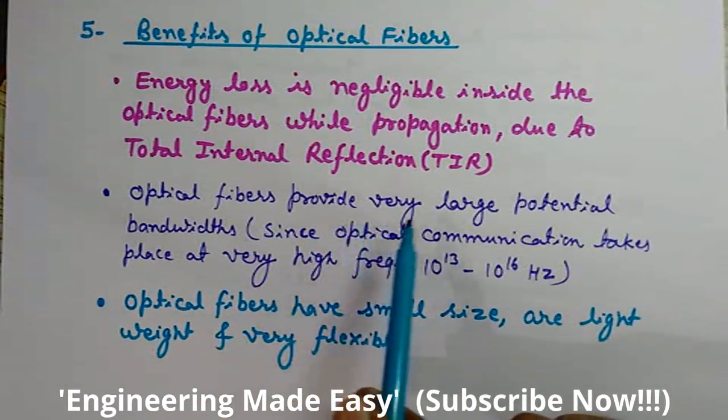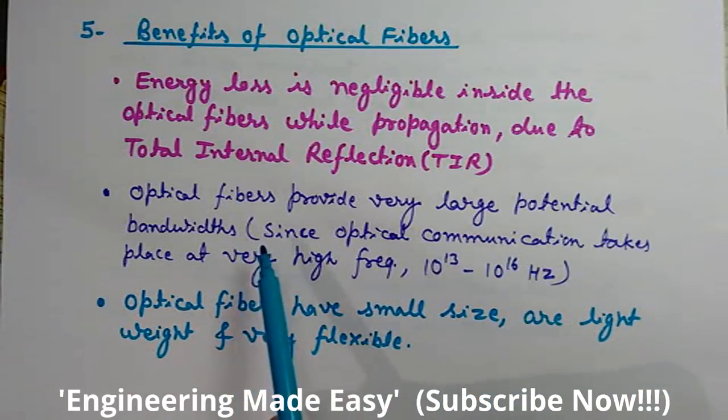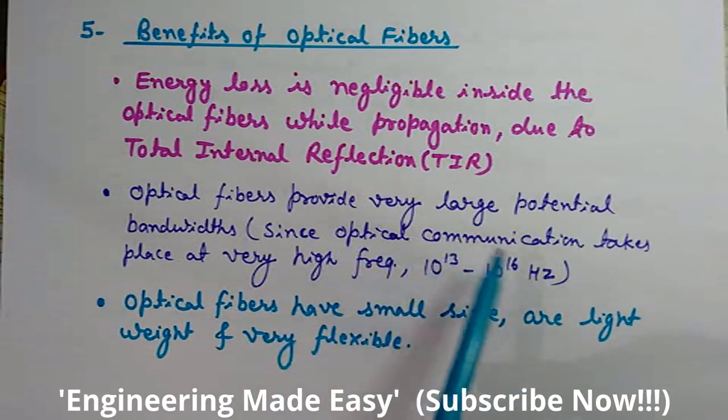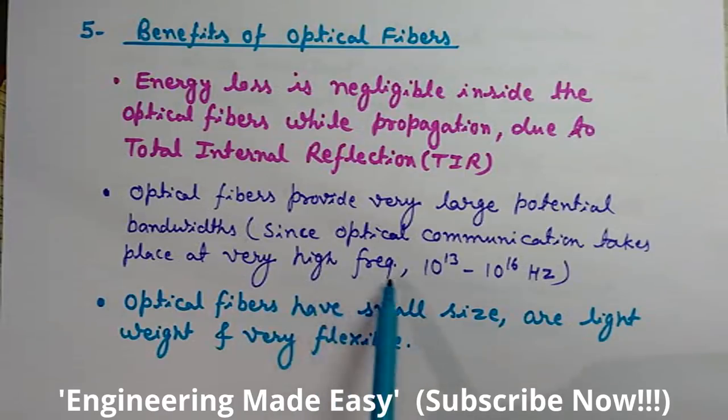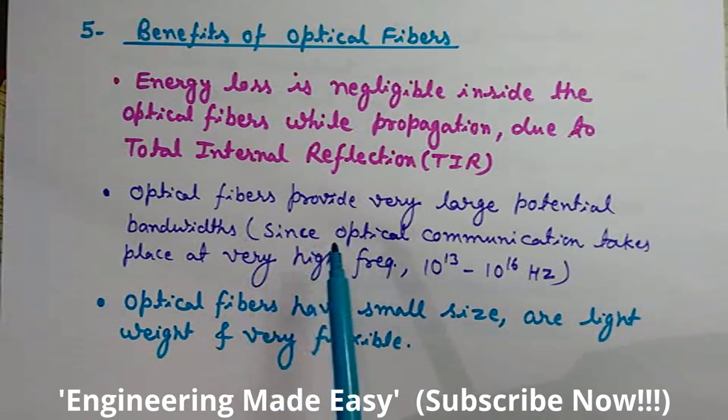Optical fibers provide very large potential bandwidths. Optical communication takes place at a very high frequency, 10 to the power 13 to 10 to the power 16 hertz. When electromagnetic waves having very high frequency are used for communication, they can provide larger bandwidth.